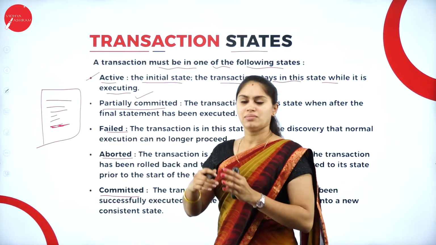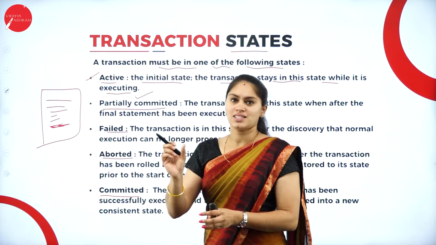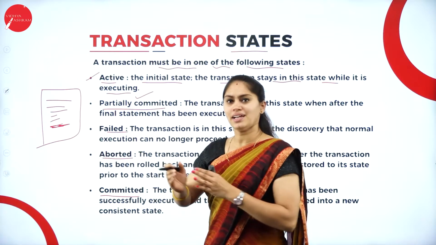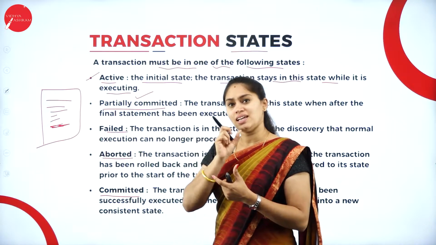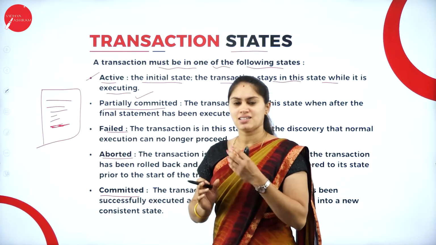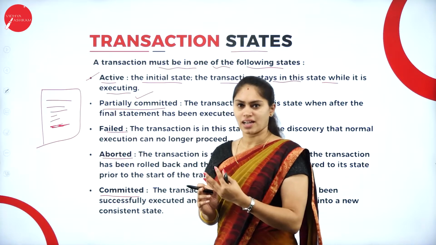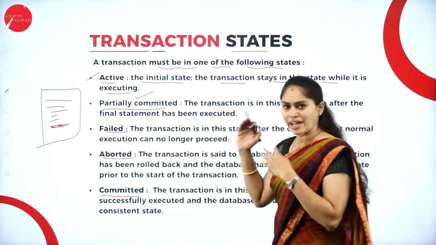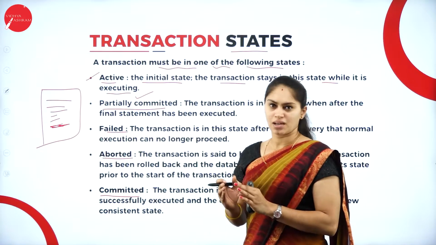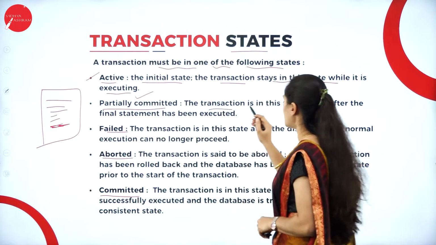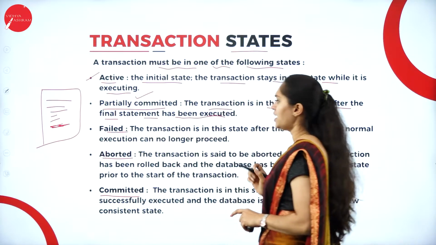That means I am about to complete my transaction and I have executed my last statement. Whether it is completed or failed needs to be known. So the final statement execution is considered partially committed: the transaction is in this state after the final statement has been executed.